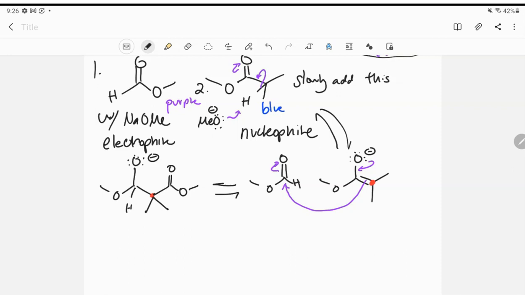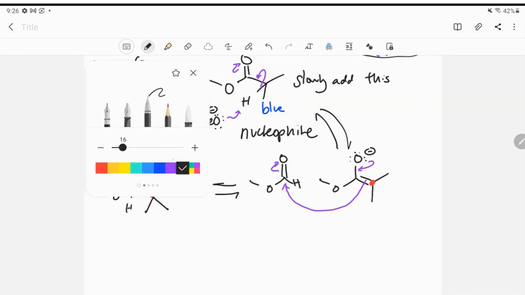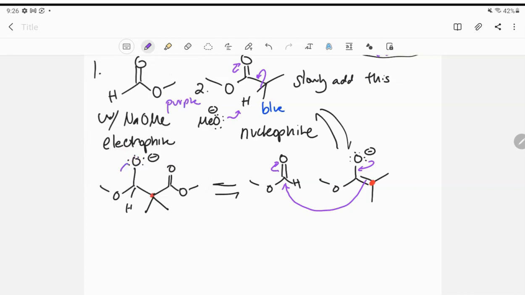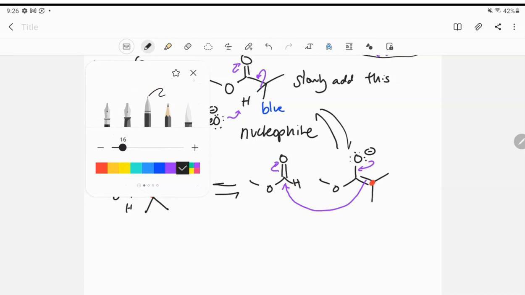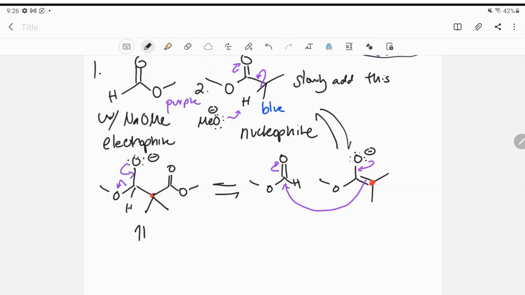I'm just drawing it so that we have the correct connections there. That red carbon is the same carbon, the one that has attacked the aldehyde. The aldehyde will close down, kick out the ester, or ethoxide rather, methoxide. Well, methoxide, there we go.